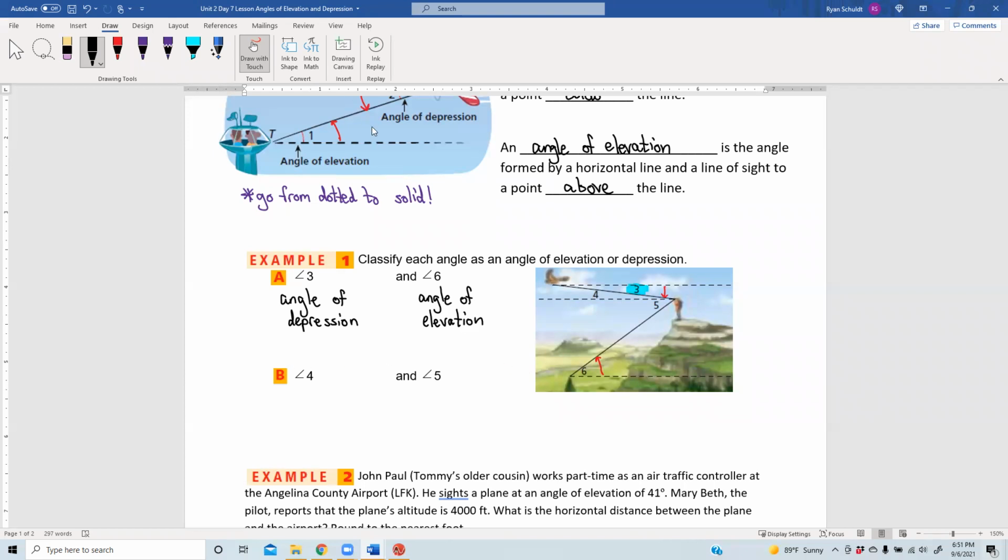Then they ask us about angle 4. So angle 4, dotted to solid. That one goes up. So this would be an angle of elevation.